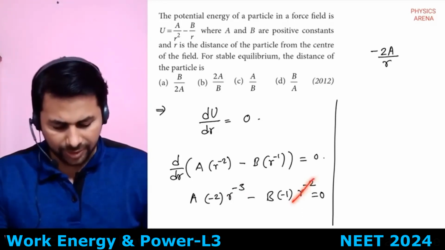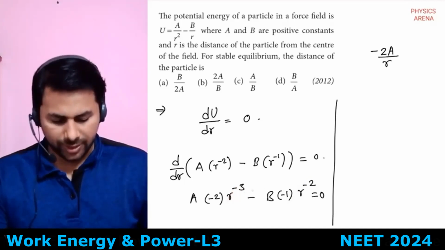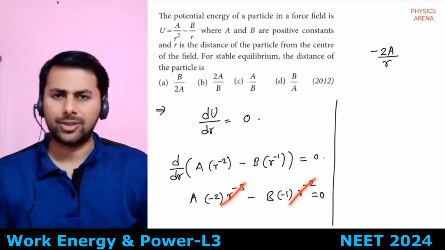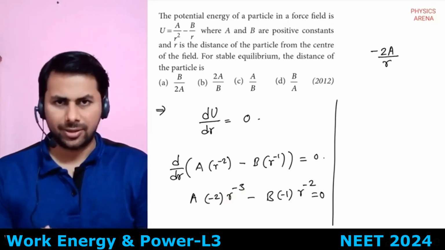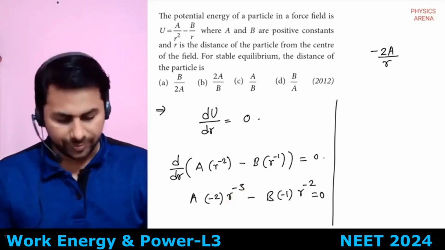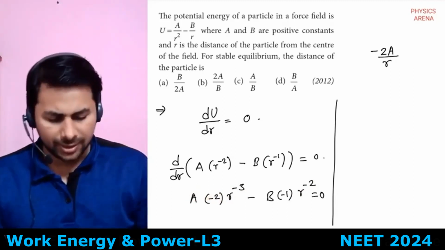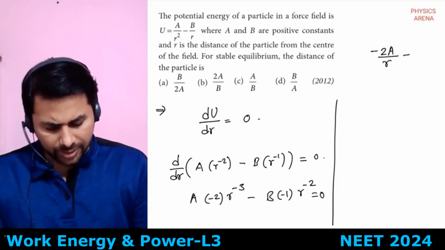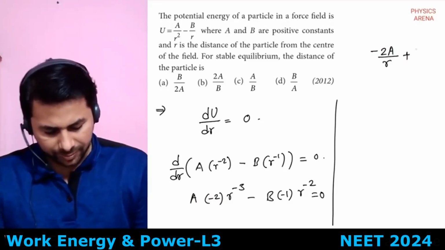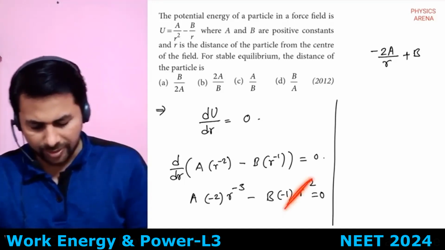I have taken R raised to minus 2 common, so this is minus 2 minus 1. If I remove R raised to minus 2, R raised to minus 1 remains here, that is 1 upon R. So this is minus 2A multiplied by 1 upon R, that's minus 2A upon R. You have minus, plus of just B, because we have taken this common.